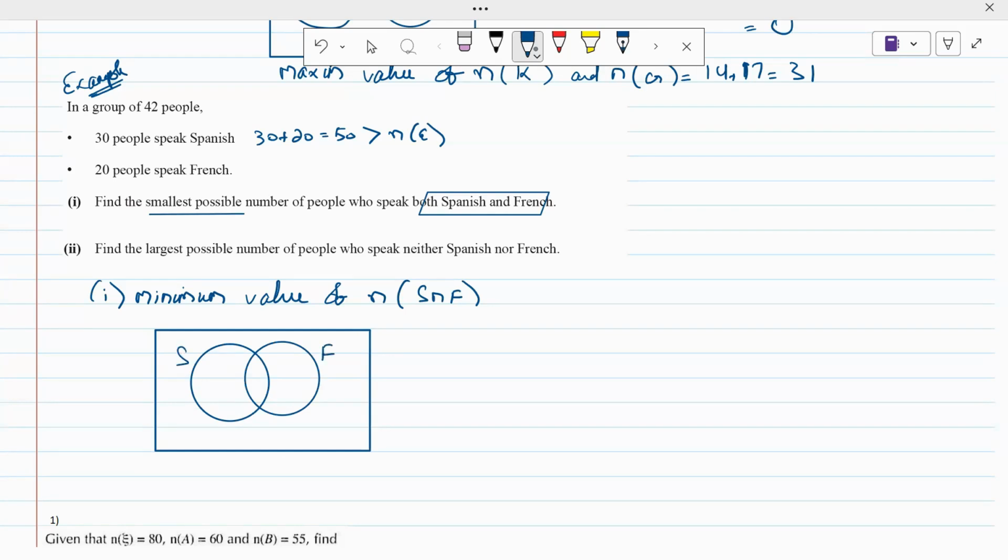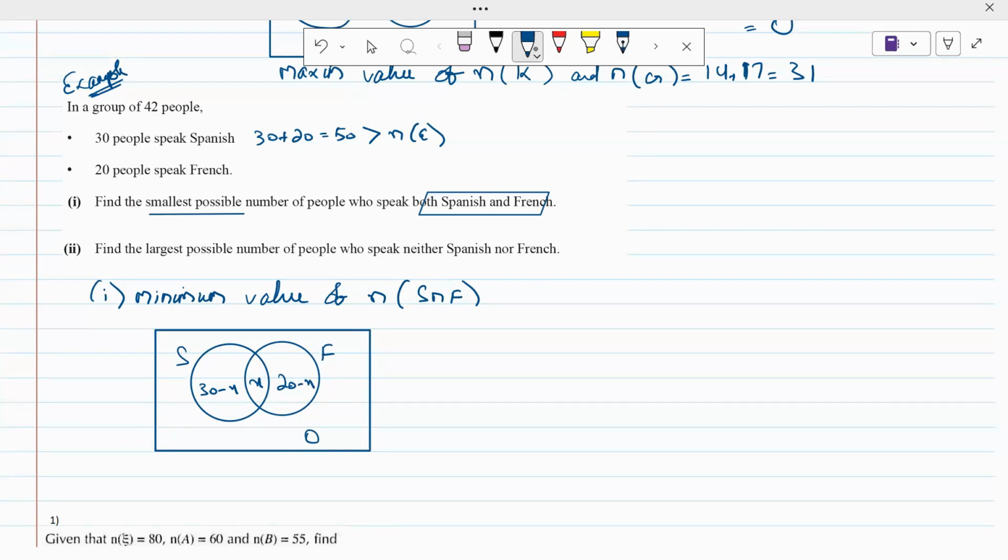For minimum value of intersection, the outside is always 0. The intersection is always x, to be found. This is going to be 30 minus x. This is 20 minus x.